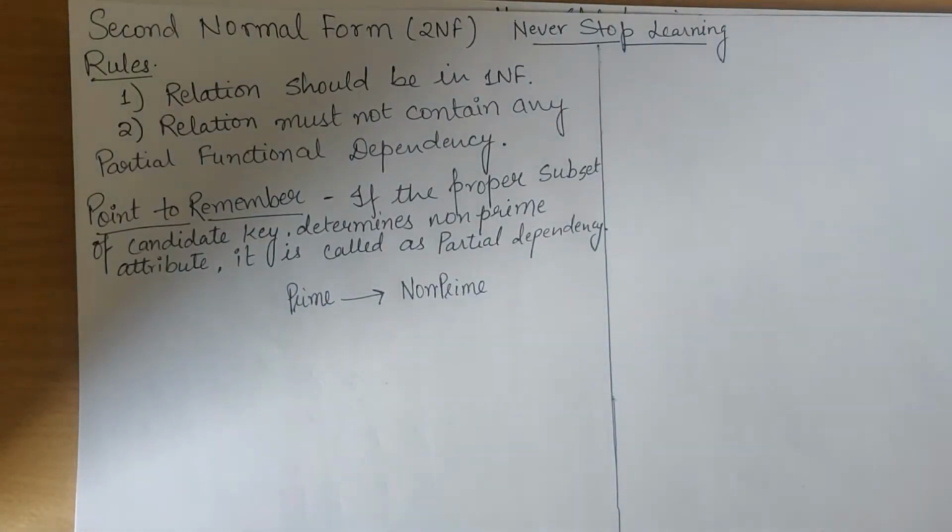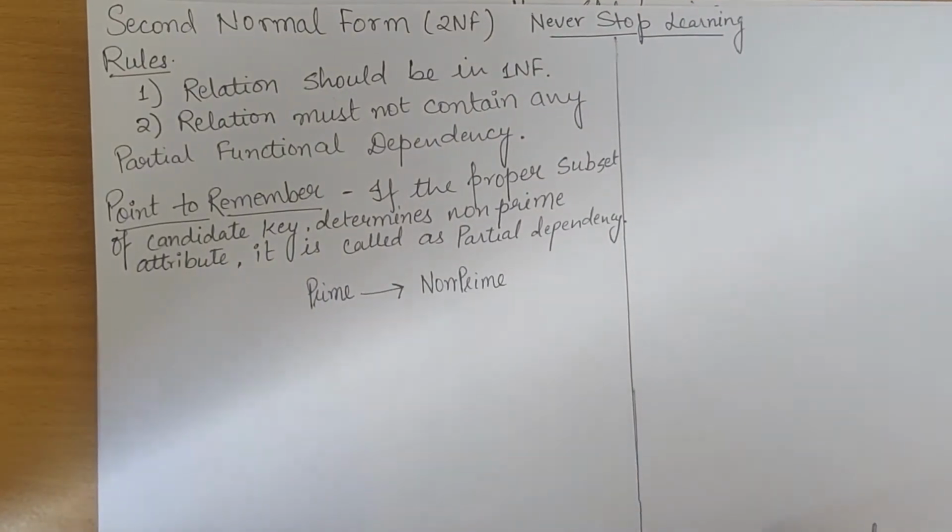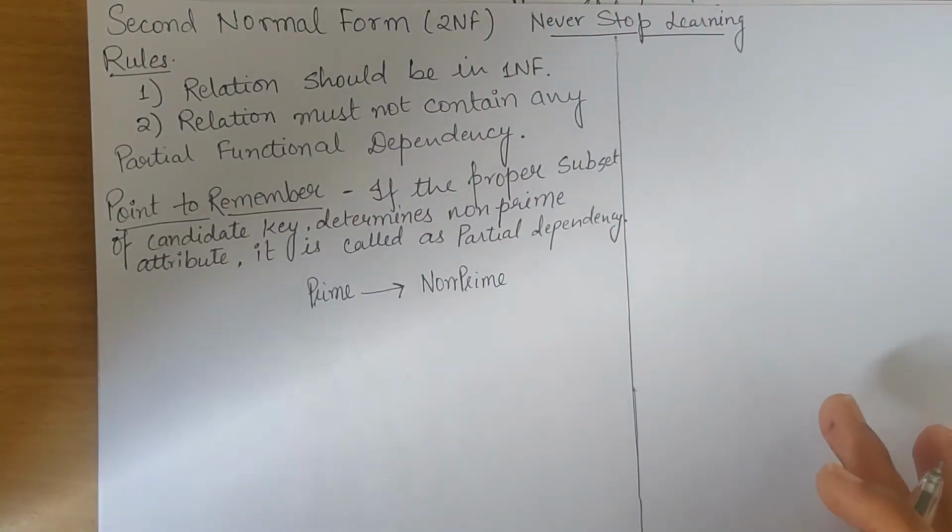Okay, let's understand this entire thing with an example. We will check whether a relation is in 2NF or not, and if it is not in 2NF, we will bring it to 2NF by decomposing the table. In this process I will tell you the steps.